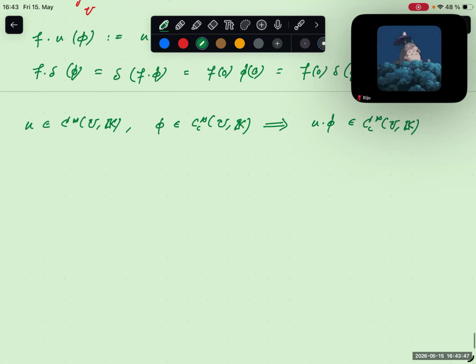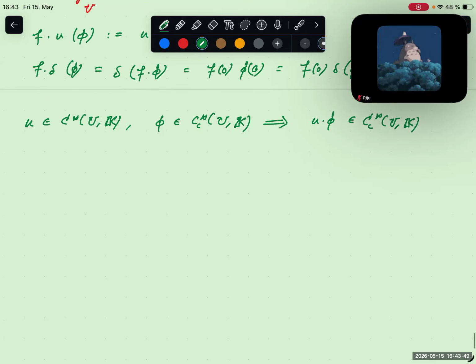Now think of this. You integrate over u, you write u of x, phi of x dx.